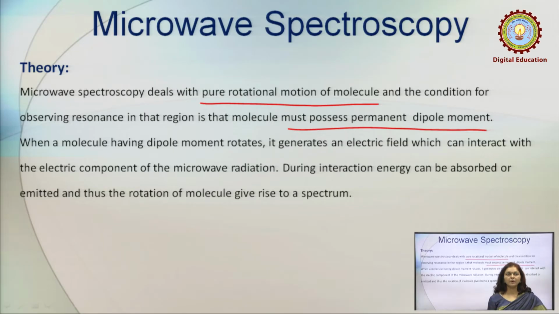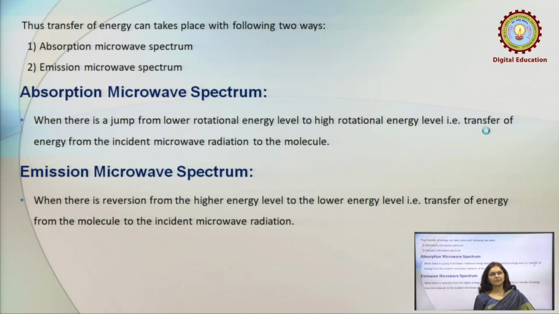Energy can be absorbed or emitted, that means transfer of energy can take place in two ways. First is absorption microwave spectra and other is emission microwave spectra.